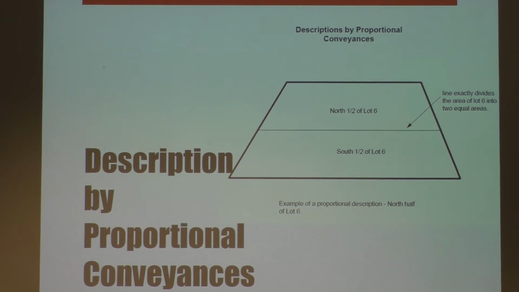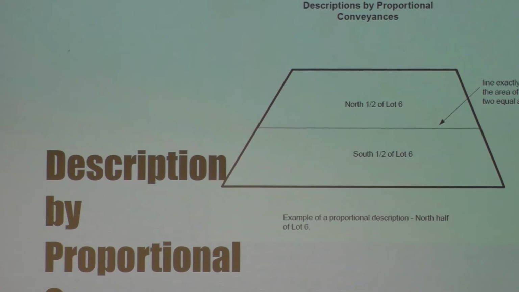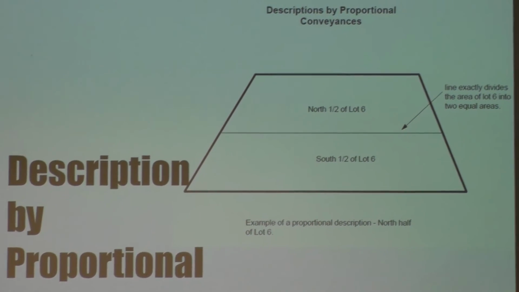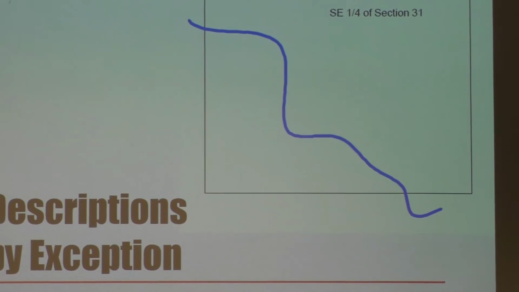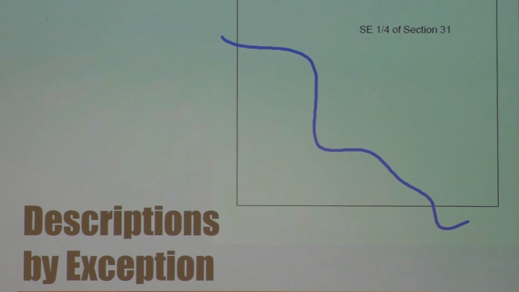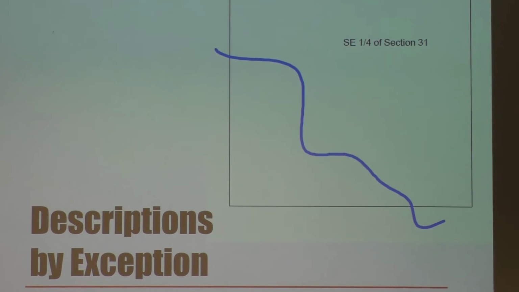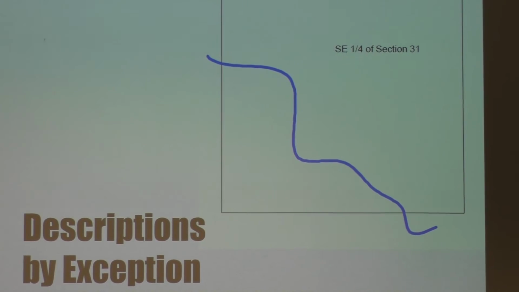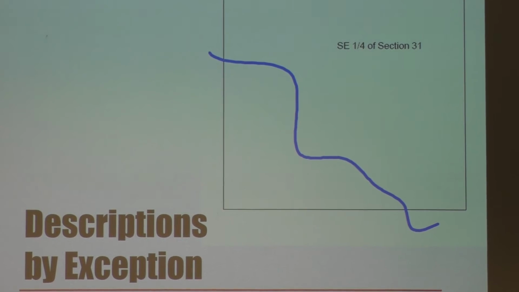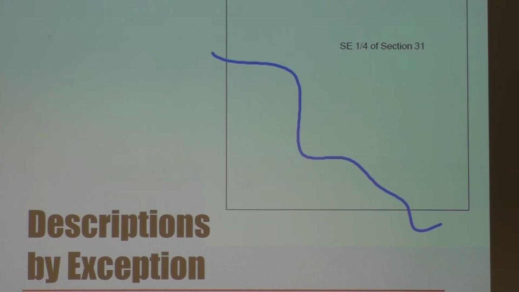Okay, proportional conveyance, they'll say, I give you the north half of my lot, and I give the south half to your sister. So that's one way. Descriptions by exception show the property and then say, I convey all of the property north and east of the river, and the rest I don't own.